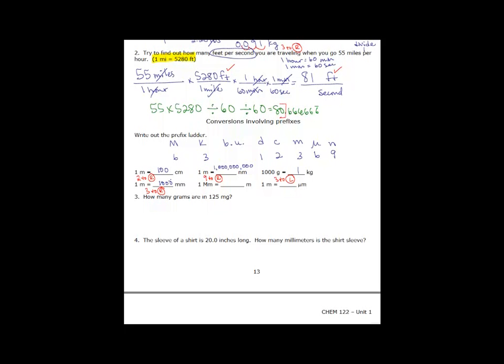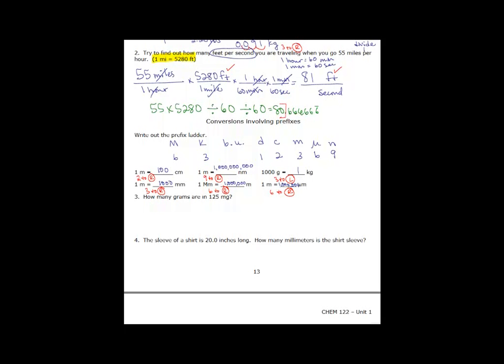So hopefully these are becoming much easier. 1 megameter, you're going to go 6 to the right, that's 1 million meters. And then 1 meter to micrometer, I'm going to go 6 to the right again, that's 1 million micrometers.